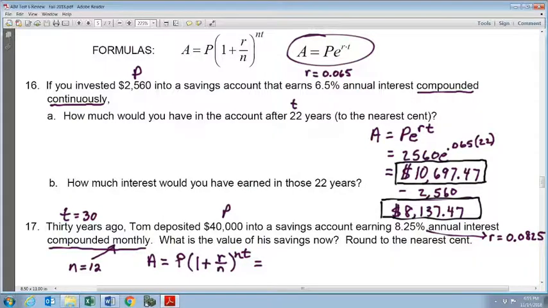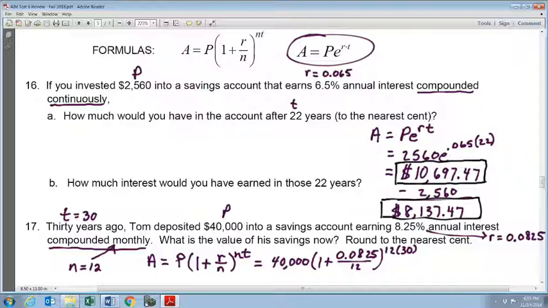Remember, that just means 12 times a year interest is being applied to the account. So let's plug in our numbers. We have 40,000 times 1 plus R, 0.0825, over N, which we said was 12. And then it's the NT power, so 12 times 30.